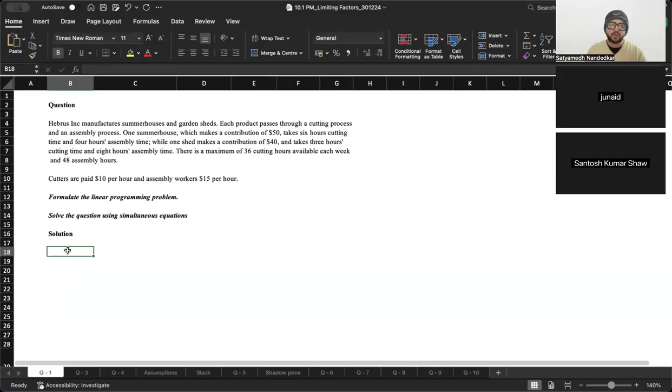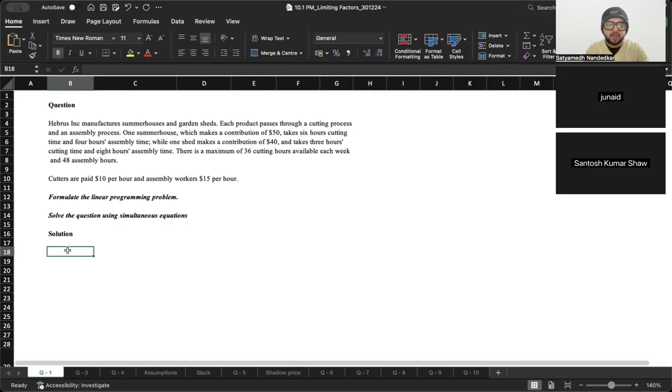One summer house, which makes a contribution of 50, takes 6 hours cutting time and 4 hours assembly time, while one shed makes a contribution of 40 and takes 3 hours of cutting time and 8 hours of assembly time. There is a maximum of 36 cutting hours available each week and 48 assembly hours. Cutters are paid $10 per hour and assembly workers are paid $15 per hour. Formulate the linear programming problem.